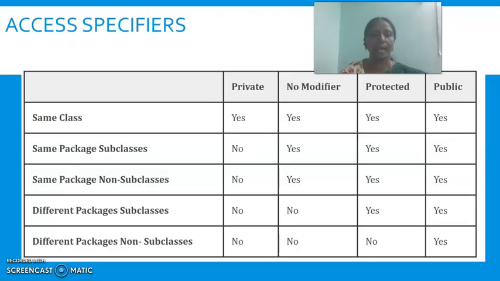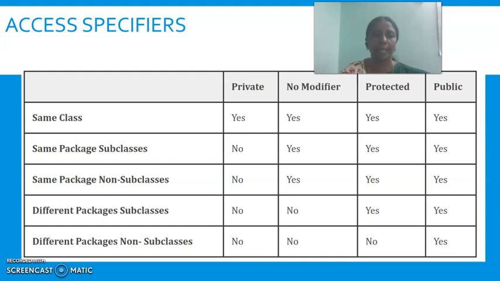As already said, we have different access specifiers when we work with packages: private, no modifier, protected and public. Within the same class, everything is accessible. For the same package subclasses, private cannot be used and all the others can be used.